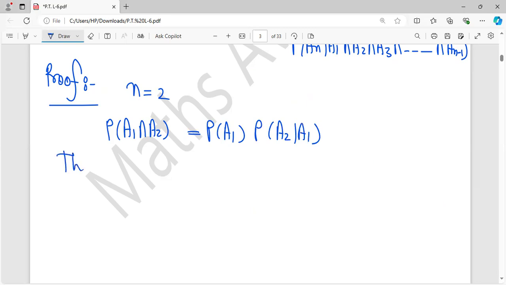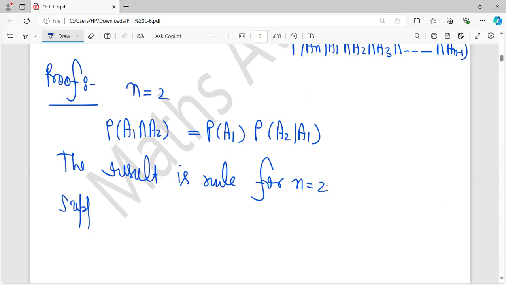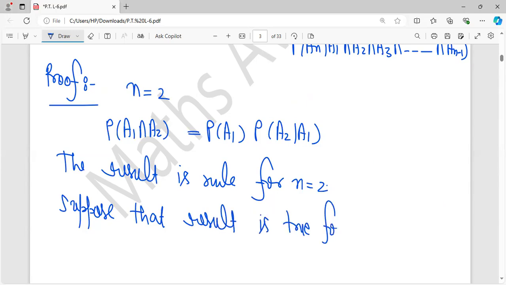So the result is true for n is equal to 2. Okay. Suppose that the result is true for n is equal to k.